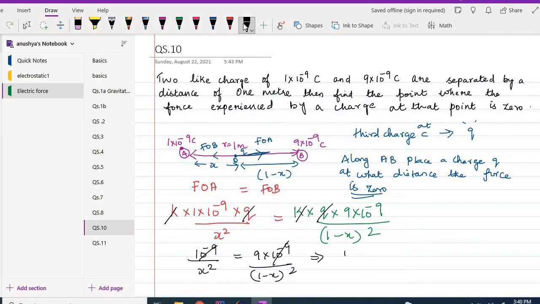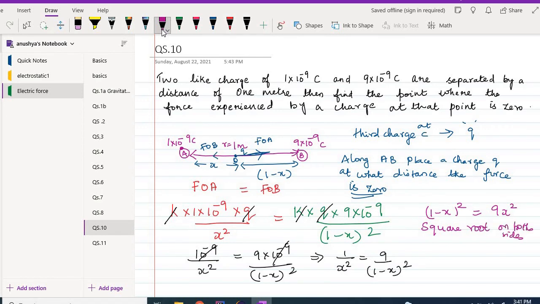The remaining will be 1 by x squared equal to 9 by (1 minus x) the whole squared. Cross multiplying, we get (1 minus x) squared equal to 9x squared. Now take the square root on both sides, then we get 1 minus x equal to 3x.